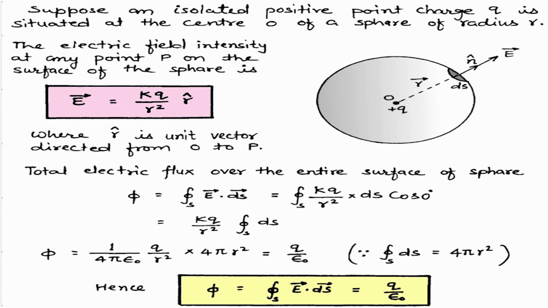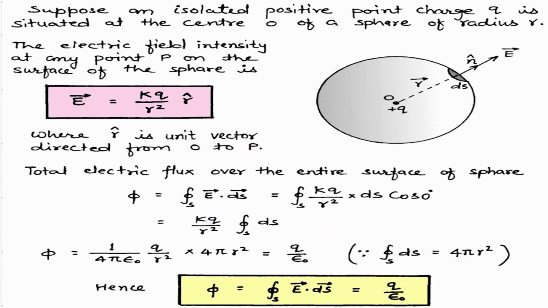Suppose a positive charge is enclosed in the surface S. Let us consider a small element ds at which the electric field is E. If we calculate the electric field, E equals K upon R square into Q. And if we talk about electric flux, that means phi, which is the total electric flux, phi equals the total integration of electric field with respect to area vector, that means closed integration of E dot ds.